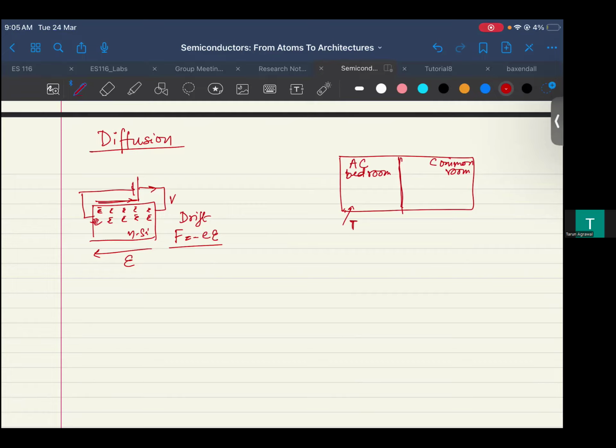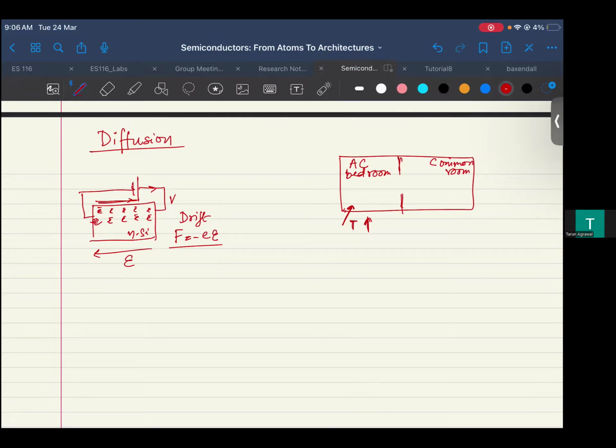Now suddenly somebody comes and opens this gate, and you start seeing that the AC is not very effective at regulating this temperature. The temperature starts to increase. For the same power, you are not able to reach the lower temperature which you want.